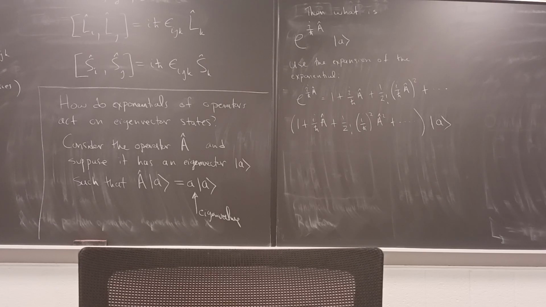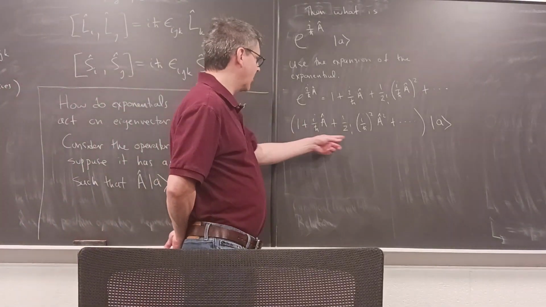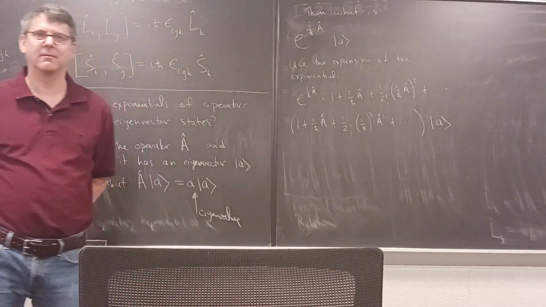You get the eigenvalue. But it's either in an exponential or times a coefficient of some sort. Well, just for what's in parentheses here, what do I get after it operates on eigenvector a?